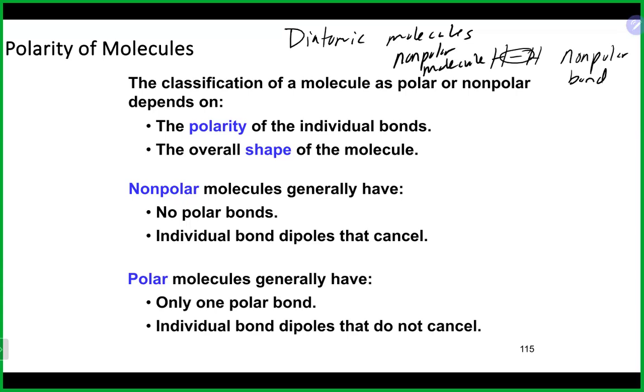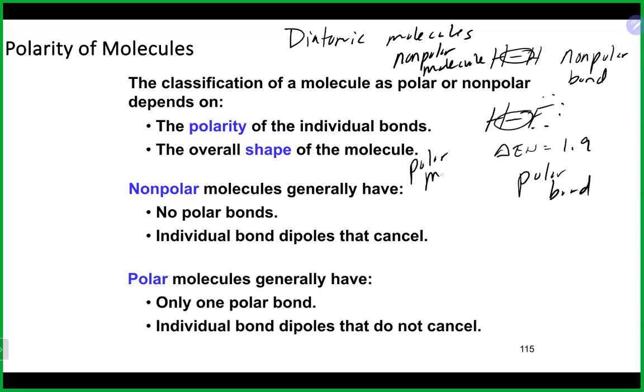And if that bond is non-polar, the molecule will be non-polar. Just like if we had HF, like we saw earlier, that bond between H and F has a difference in electronegativity of 1.9, which is a polar bond, as we talked about. Once again, it only has one bond in this entire molecule, which means that this would be a polar molecule.